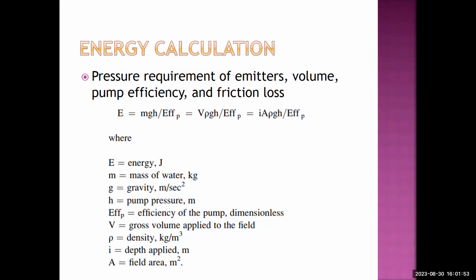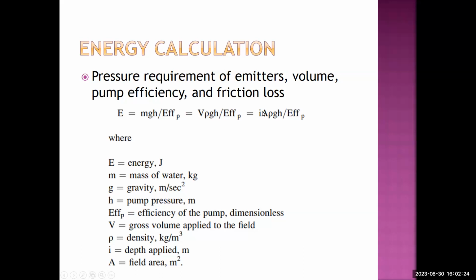And as you might remember from the Bernoulli equation, we can express pressure as height, as meters. So that's the way we're going to do it. In this equation, the fundamental equation is volume times rho, the density, times gravity times height over efficiency, where volume is the irrigation depth, I, times the area of the field.